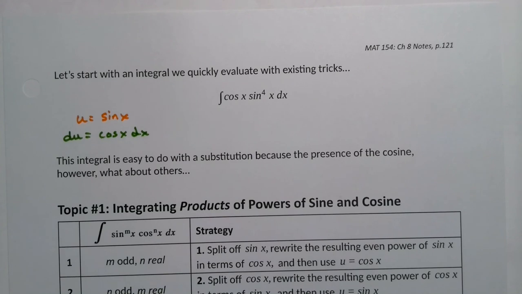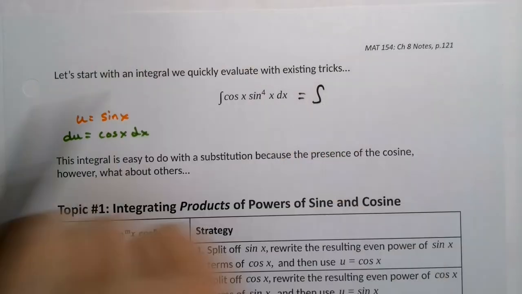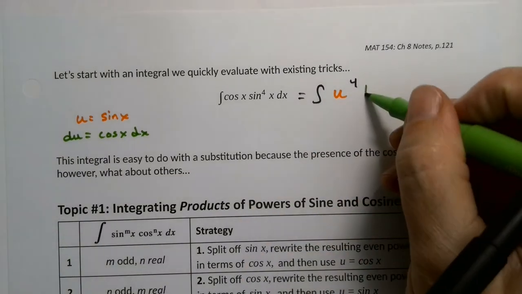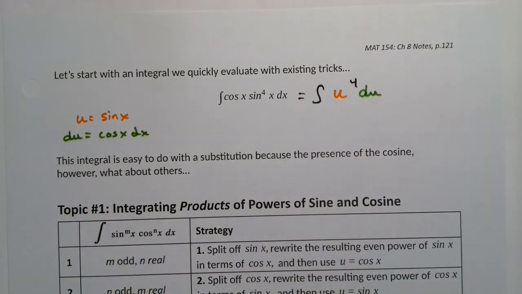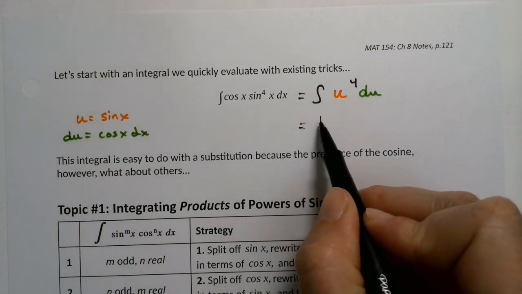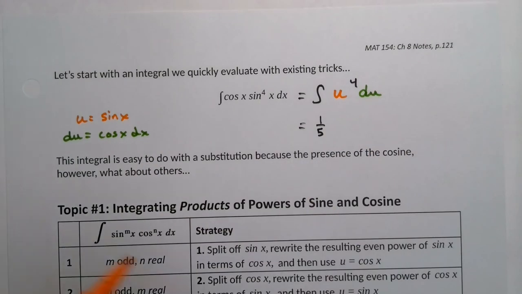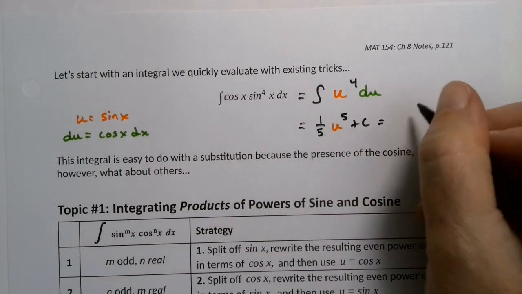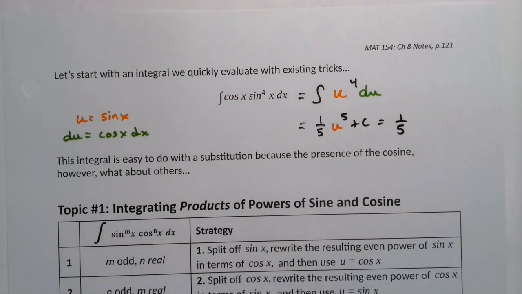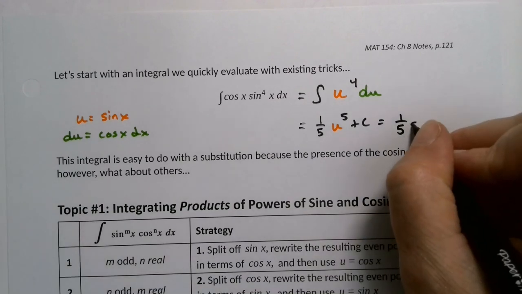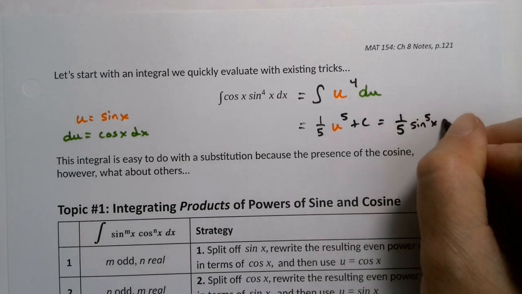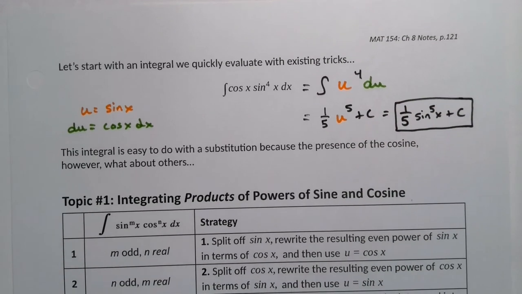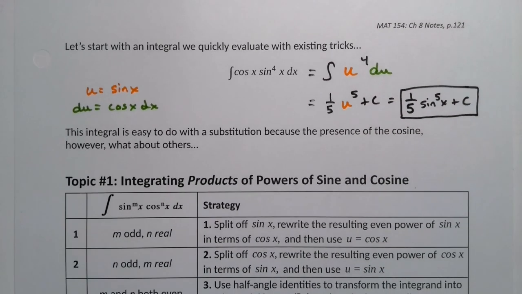So then what I really have is the integral of u to the 4th du. Okay, well, the integral of u to the 4th is 1/5 u to the 5th plus c, which would be 1/5 sine to the 5th, because u was the sine of x, plus c. That wasn't so bad, right?